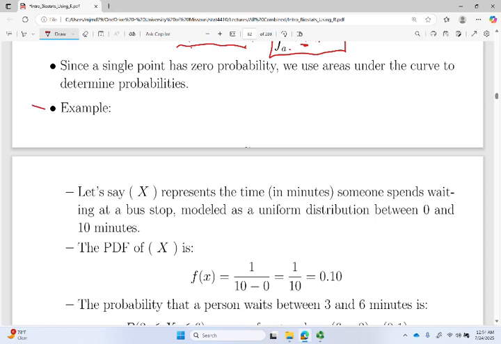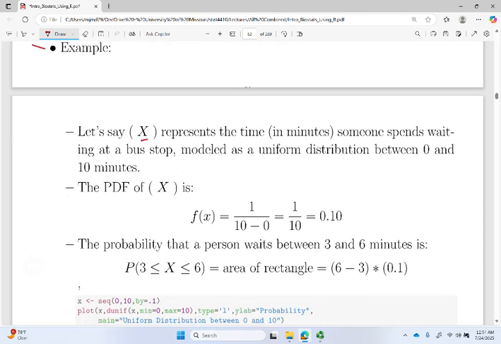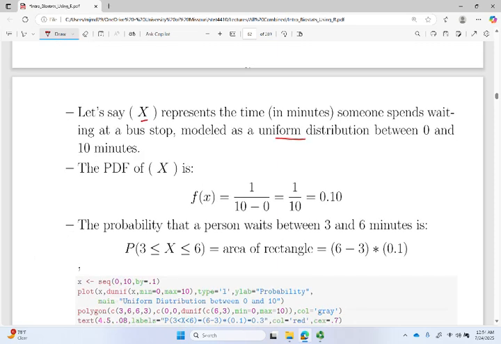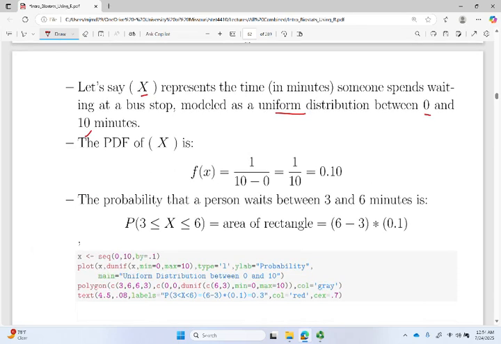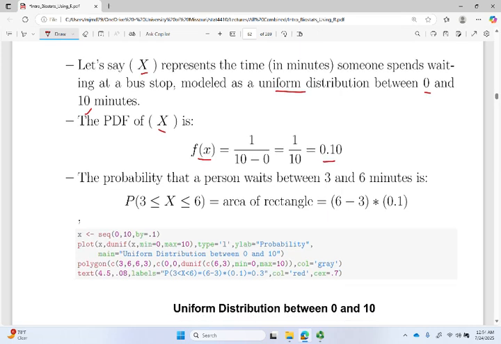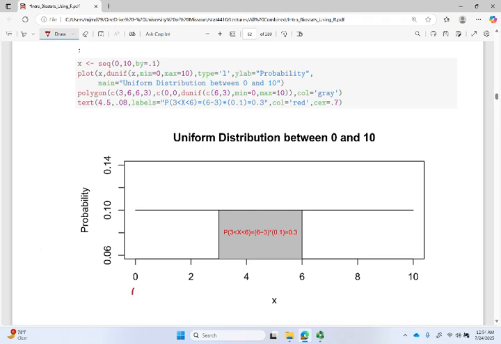Let's look at an example. Let's say X represents the time in minutes someone spends waiting at a bus stop, and it's modeled with a uniform distribution between 0 and 10 minutes. And so the PDF is this. It's 0.1. Let's look at the height of that. The values are from 0 to 10, and this height is 0.1.